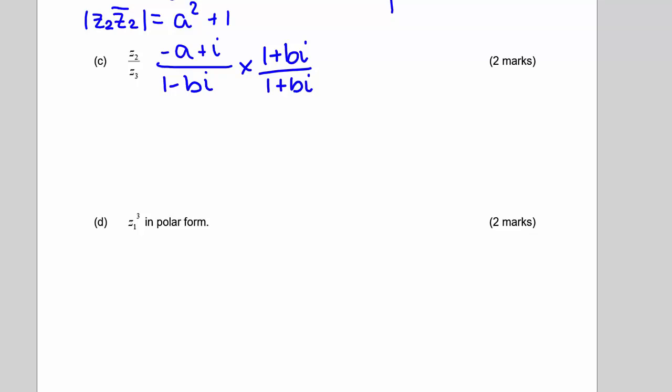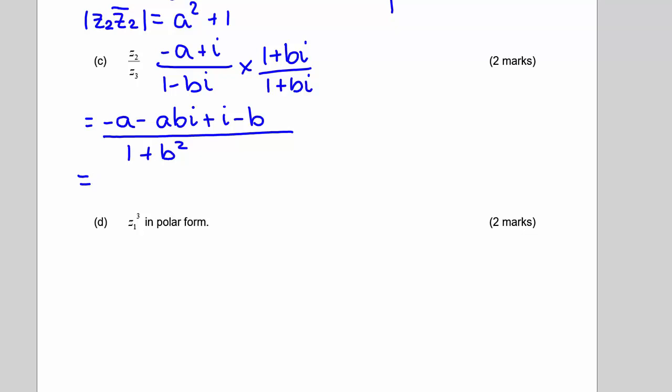Okay, so that leaves us with negative A minus ABI plus I plus BI squared, which is really just take B, all over 1 plus BI take BI, take B squared I squared, which is B squared. So we already had that bit. And then that would be it. In fact, you don't even need to do anything else.